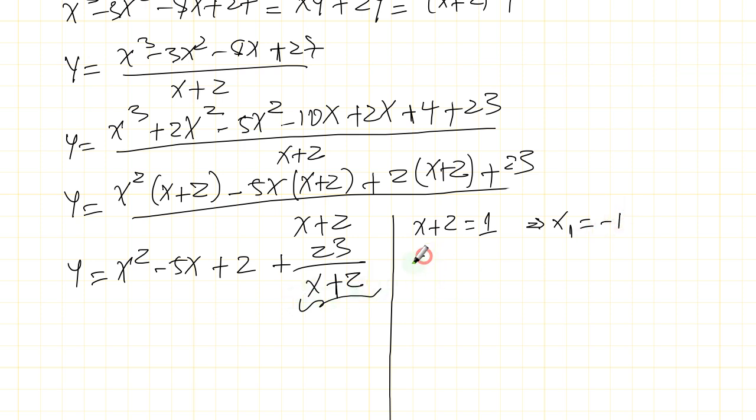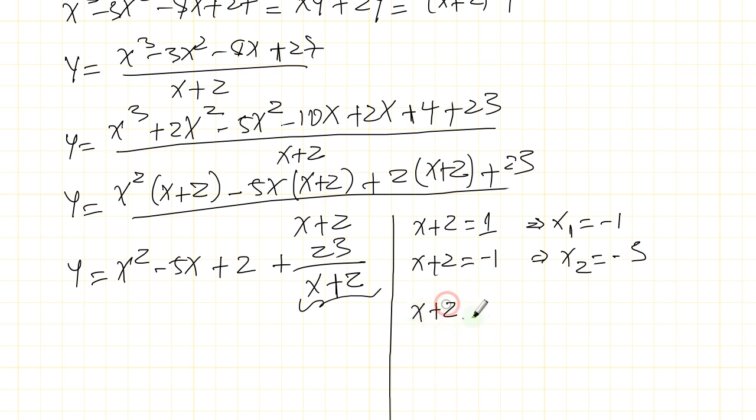The second one: if x plus 2 is equal to negative 1, we also have 23, so x2 is equal to negative 3.